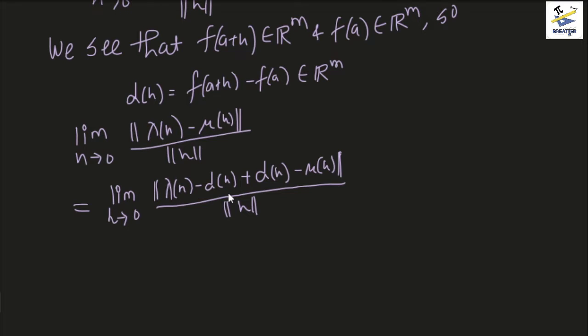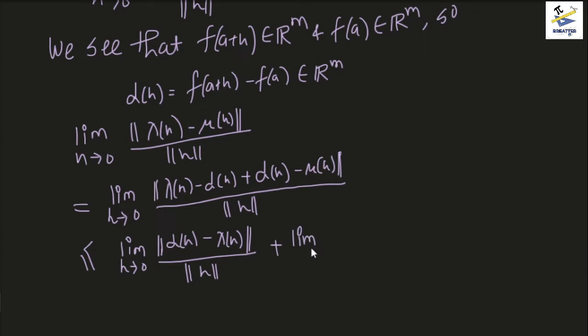So we can write this, and this is 0 because we know from the given facts that d(h) is f(a + h) minus f(a).